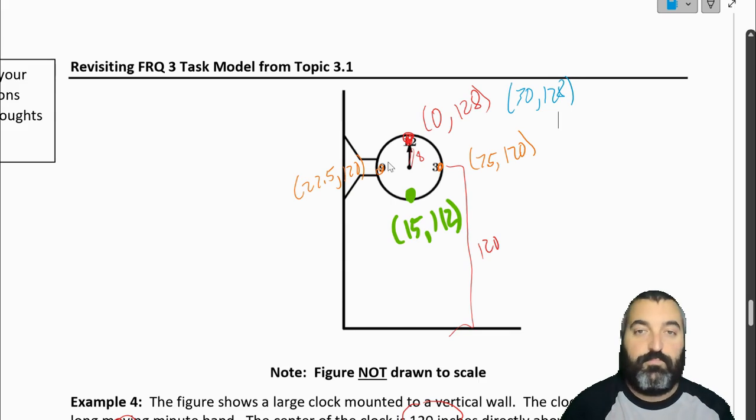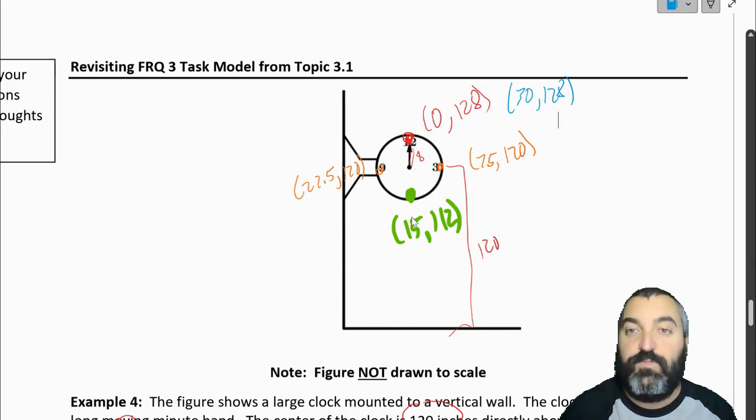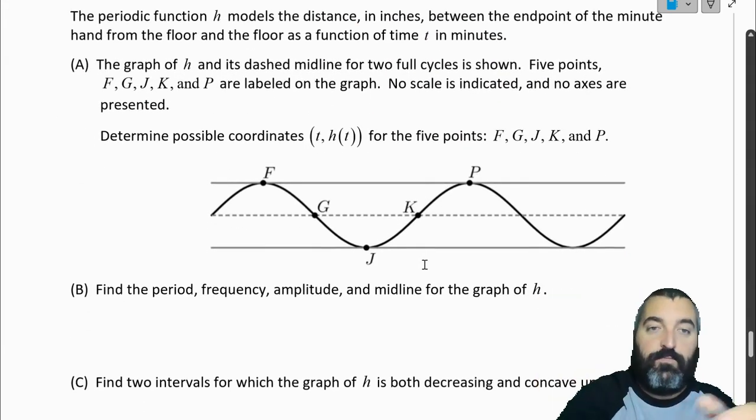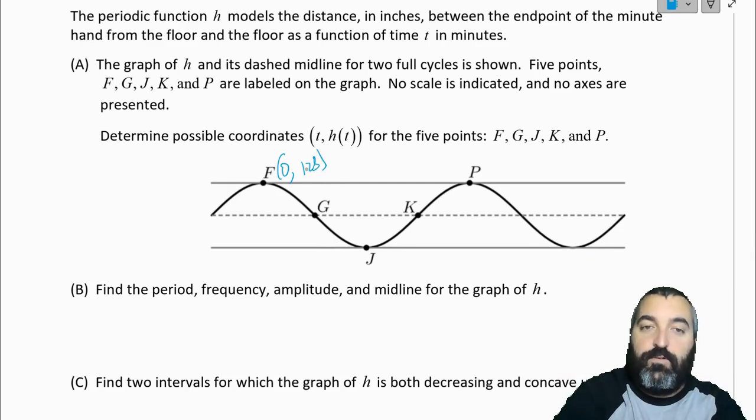I'm going a little quick because we've seen this before, so I don't want to spend too much time on this. So now we can go ahead and write all of these coordinate points like we did before. Technically, your answers can vary, but these are the ones that I feel make the most sense. So 0, 128. 7.5 was at the midline, or the middle of the clock, 120.